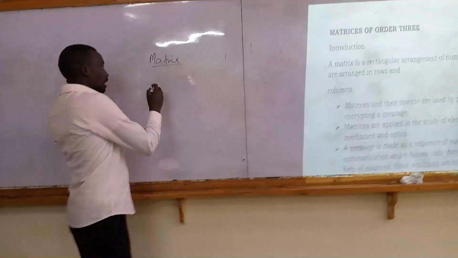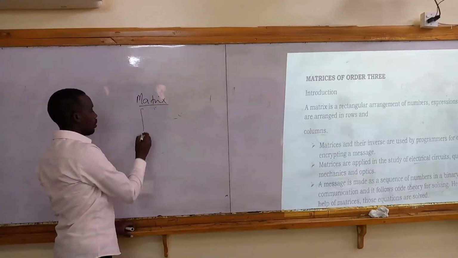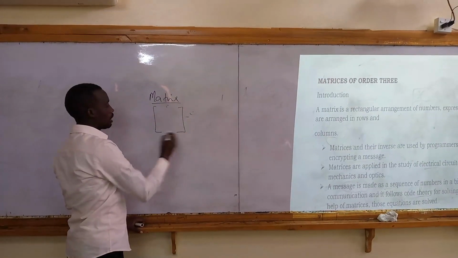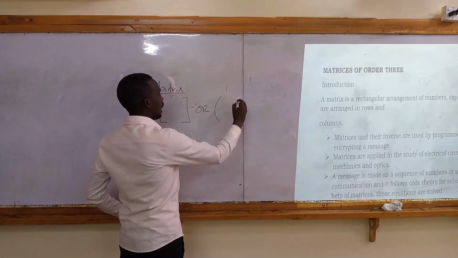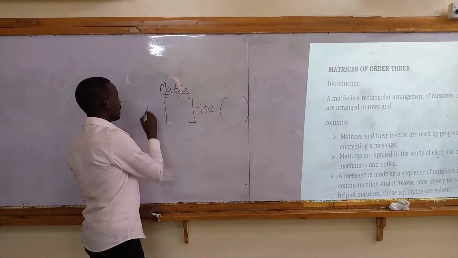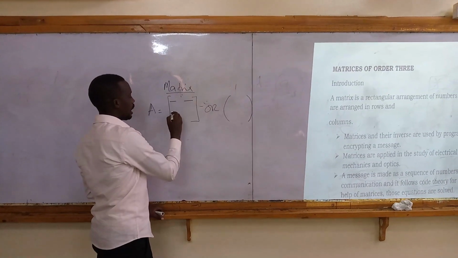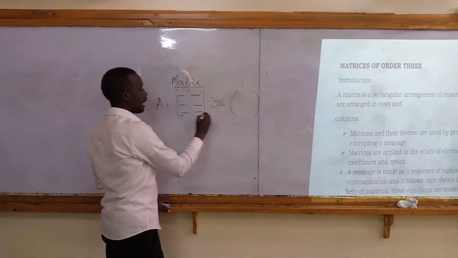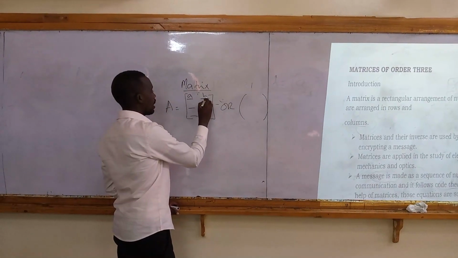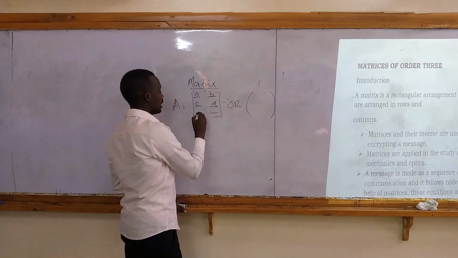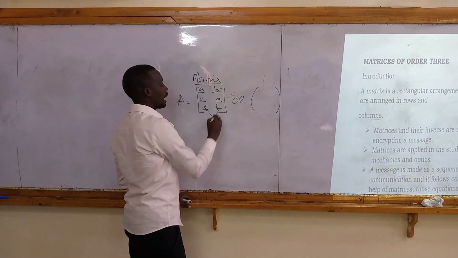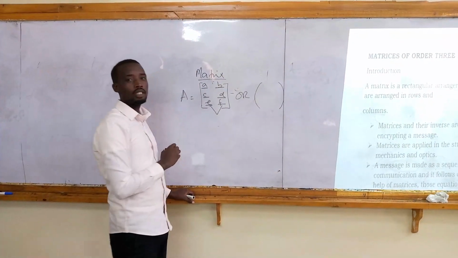We represent a matrix by using this symbol, or we can use the brackets. So we say this is a matrix, and the elements here we say A, B, C, D, E, F. These are the elements of our matrix.